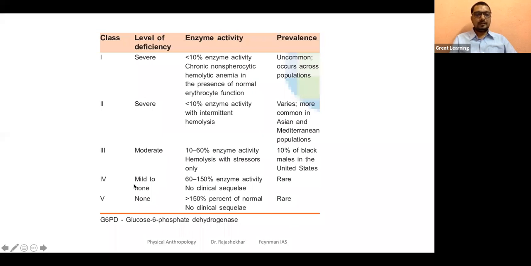Okay, and they also have a condition that goes even beyond this. But this is enough. Severe form, moderate form, mild to none form is enough.